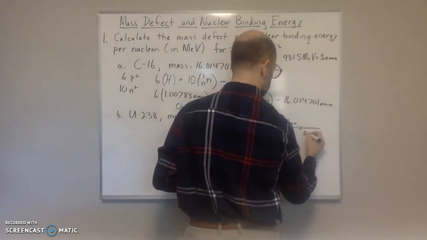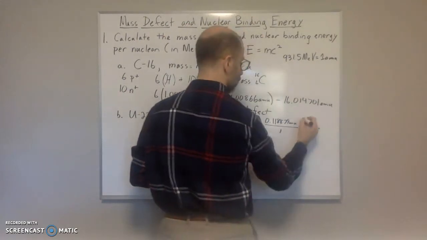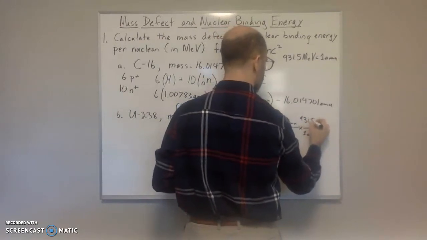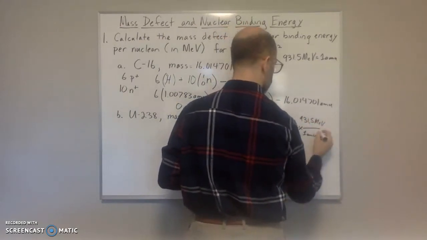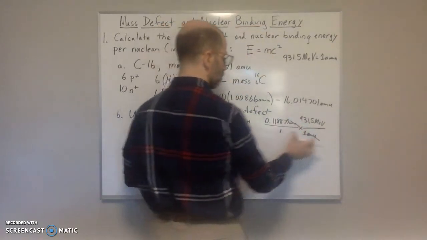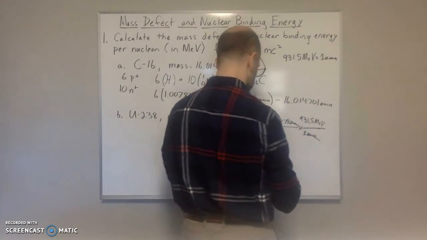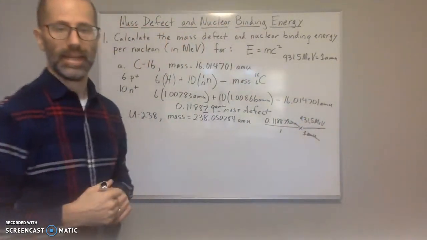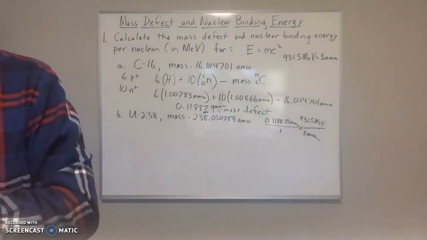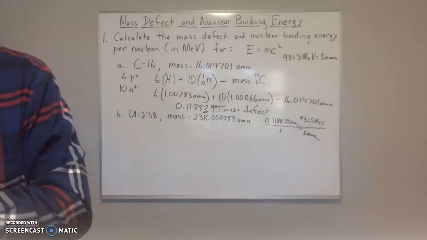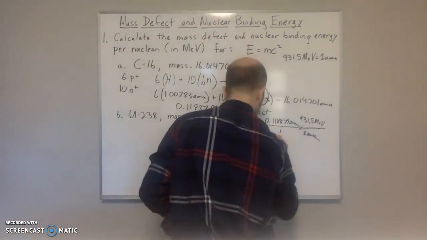So 1 AMU on the bottom and 931.5 mega electron volts on top. AMUs cancel, and now I've got my mega electron volts. I calculate that out and I get 110.74.